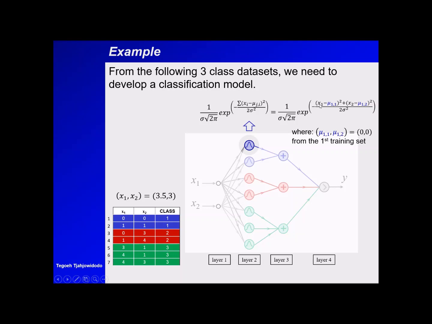So x1 is 3.5, mu1,1 is 0, x2 is 3, mu1,2 is 0 also. You have to calculate this.